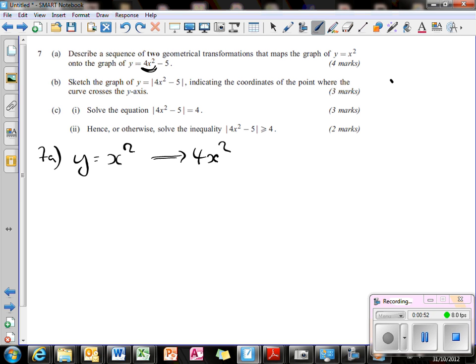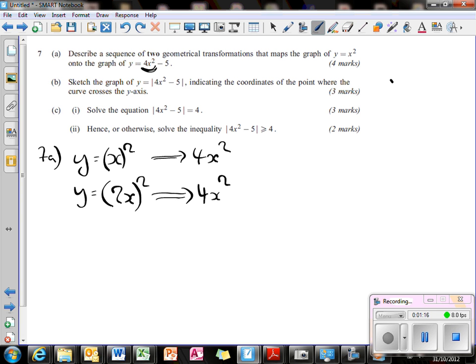Well, there's a few ways to think about it. What we've done is we've taken this x function here and we've put a 2 in it. We said, okay, so y equals 2x all squared, and that gets us to 4x squared.